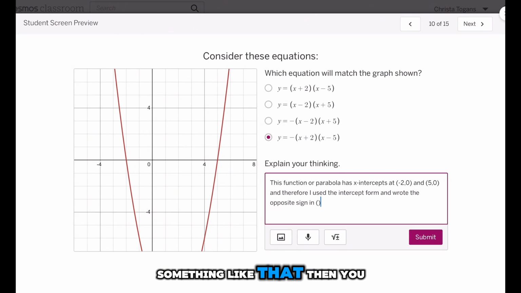Something like that. Then you have to choose which one it is. It opens up, so I chose whatever one it is. It opens down, so I chose whatever one it is.